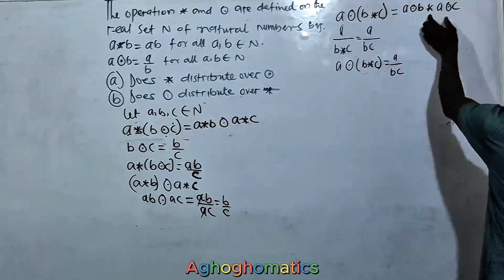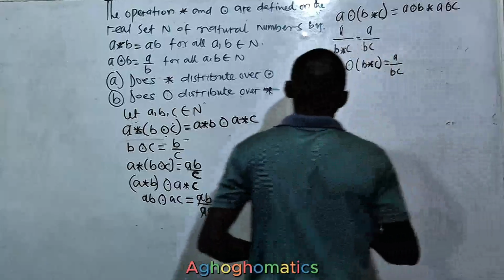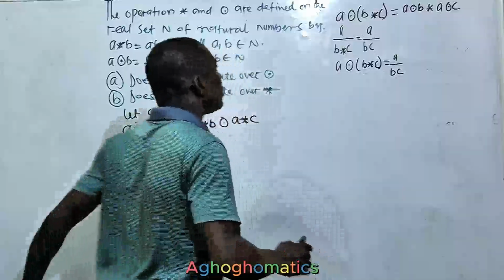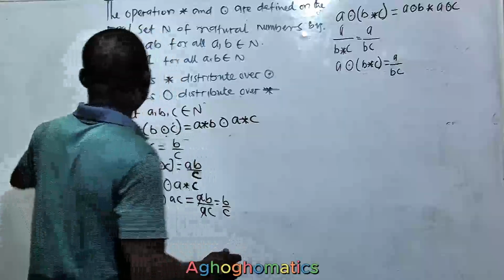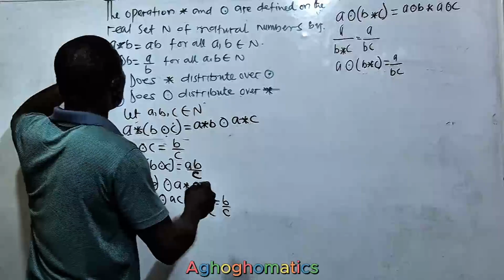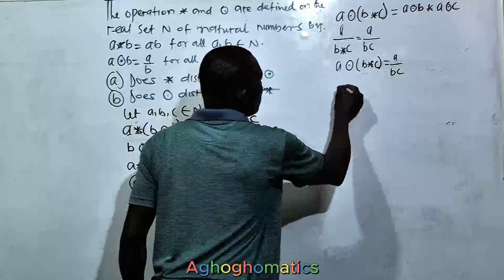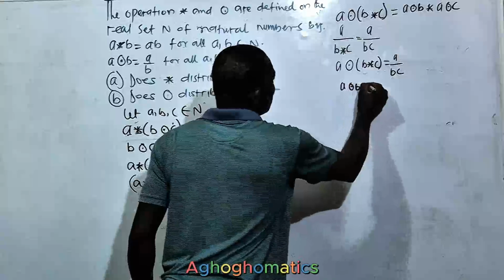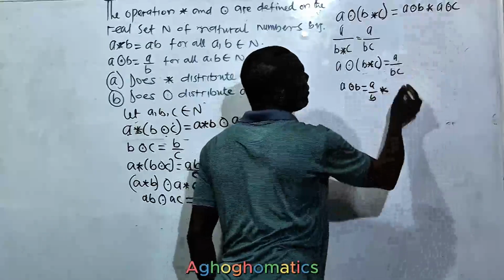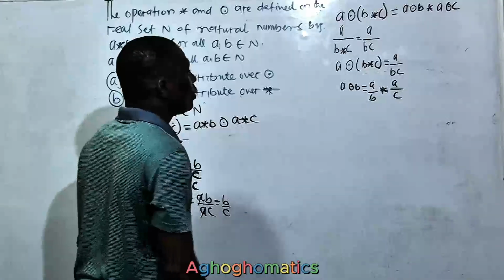Now let's check this, and operate it on the middle one. First, A operating this operator becomes, based on their definition, anytime you see this, it means the one on the left hand side divided by the one on the right hand side. So A is A over B, then you know this sign is here, and this one goes A over C. Let's operate this.